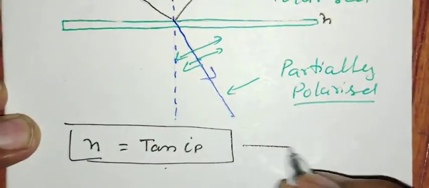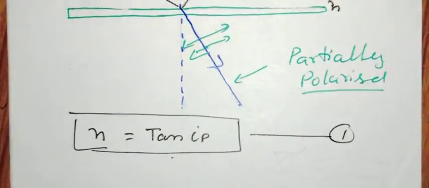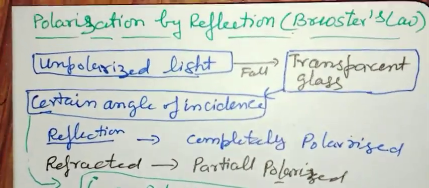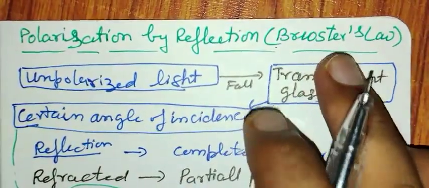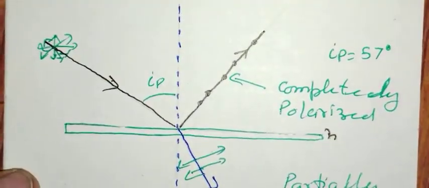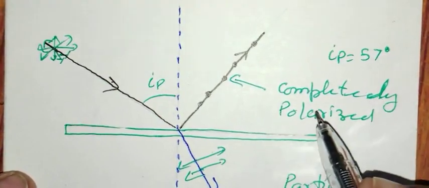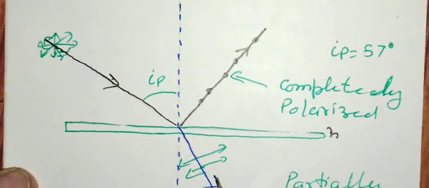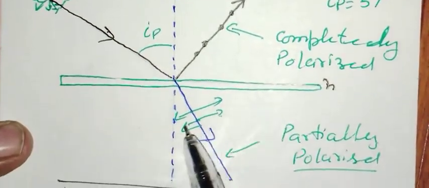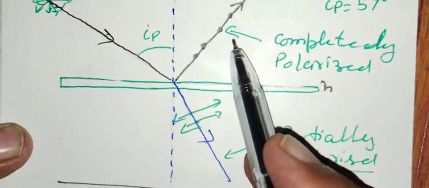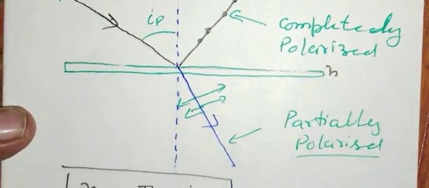This formula, represented by equation number 1, is known as Brewster's law. So the reflected light is completely polarized, 100% polarized, and the refracted light is partially polarized, with its plane of vibration along the plane of paper, while here the plane of vibration is perpendicular to the plane of paper.